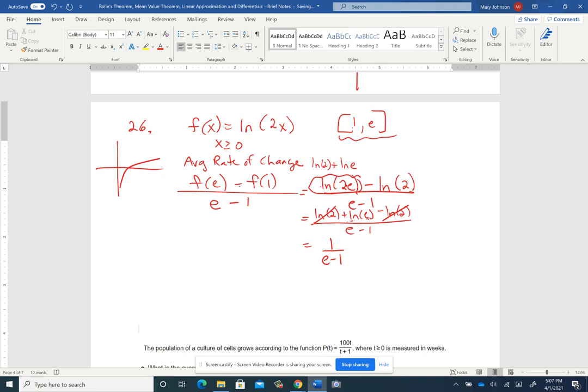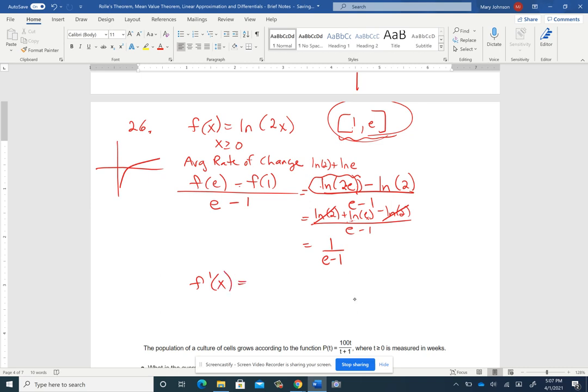Now, what this problem says, because it fits the mean value theorem, is that we ought to be able to find an x value somewhere in this interval so that the instantaneous rate of change equals 1 over e minus 1. So we need to do a first derivative on the original function, and it's a natural log.